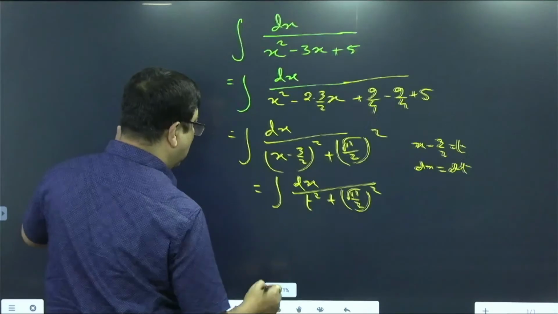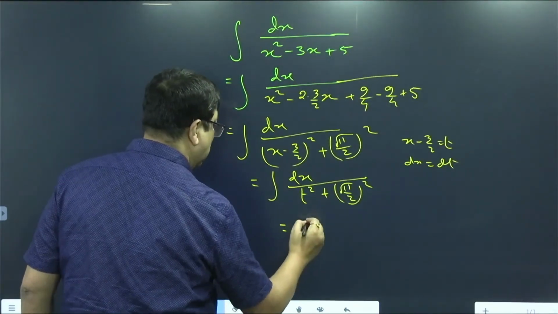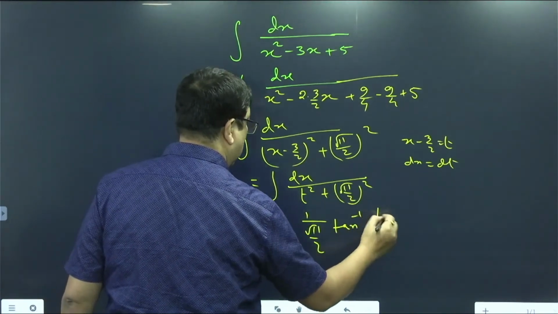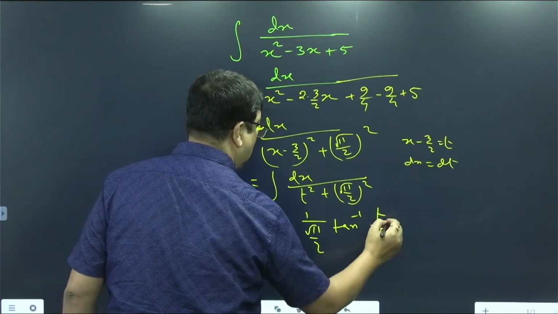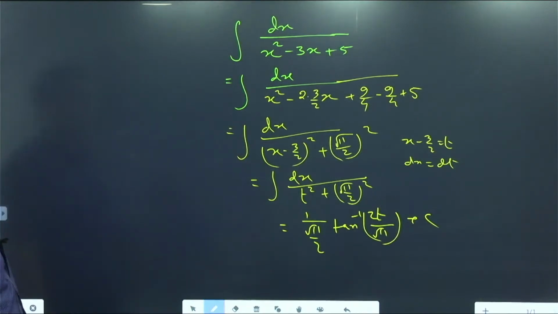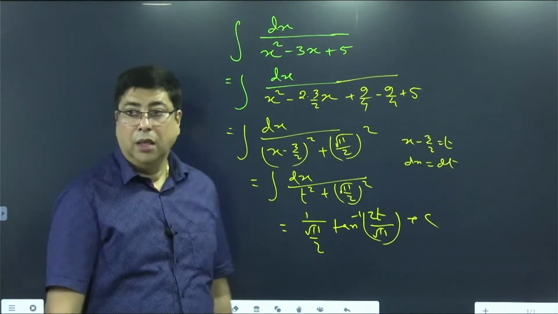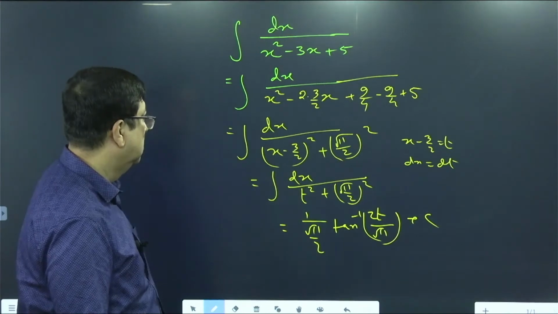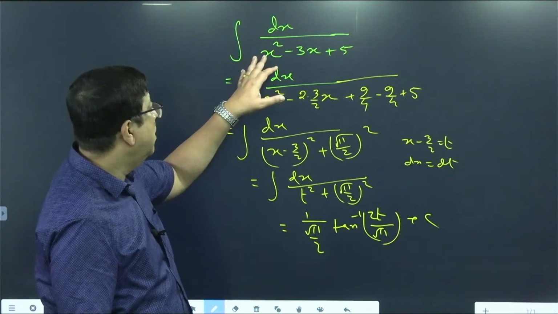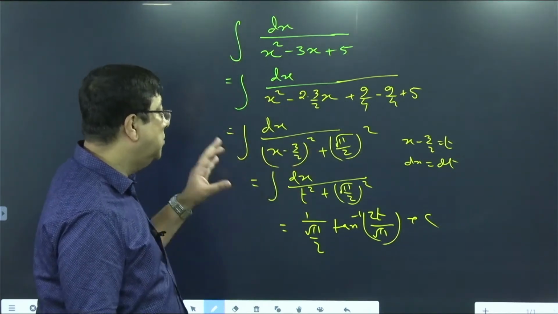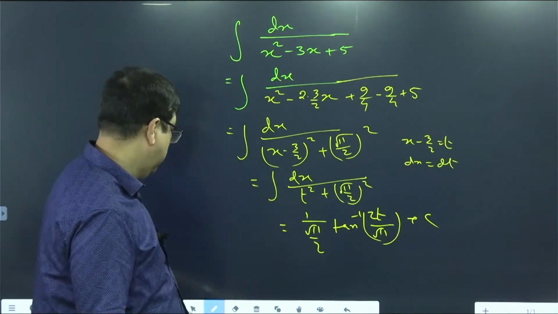According to the formula, this is coming 1 by a tan inverse x by a, so 1 by root over 11 by 2 tan inverse of t by root over 11 by 2, that is, 2 into (x minus 3 by 2) by root over 11, plus c. Sum is over. Okay, understood? It means whatever we have to apply, we have to manipulate in such a way that we absorb all the x to make a whole square, with only a constant outside. This is a very common integral.